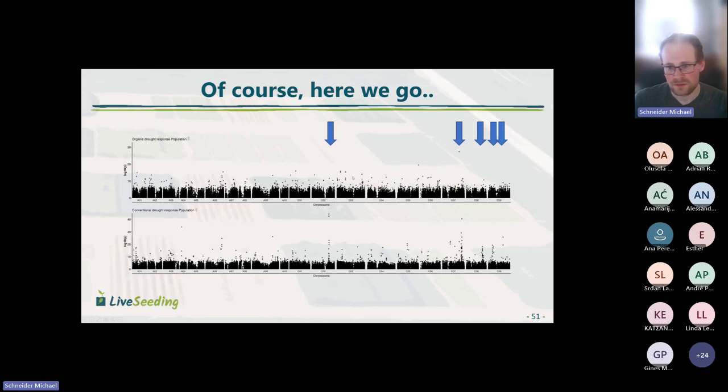So what does this mean from a science perspective? This could mean that this population was already well adapted toward a drought response prior to the drought events happening, and therefore didn't face any drought-related issues. So it didn't need to close the stomata or whatever.